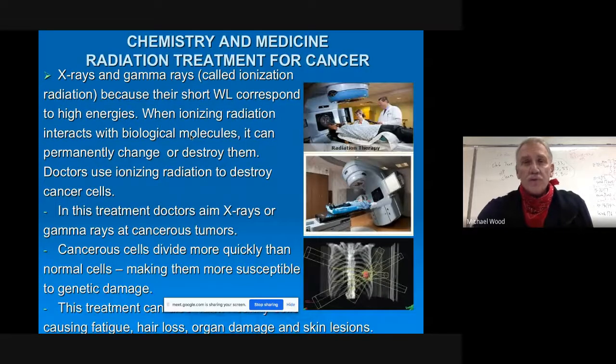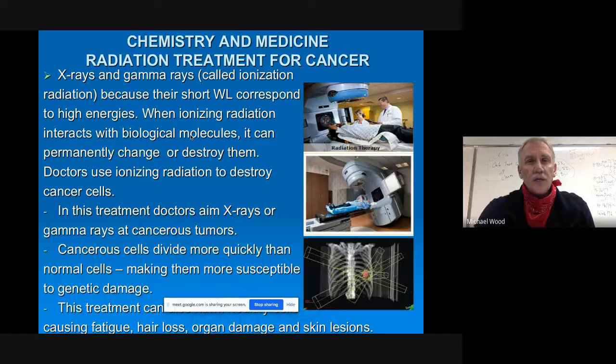If you know anybody that has had cancer and the treatment, sometimes they are given radiation treatments. My wife was like this many years ago. She had breast cancer, and she had like 30 days of radiation treatments, and that's what this is. X-rays and gamma rays are both called ionizing because their short wavelengths correspond to high energies.